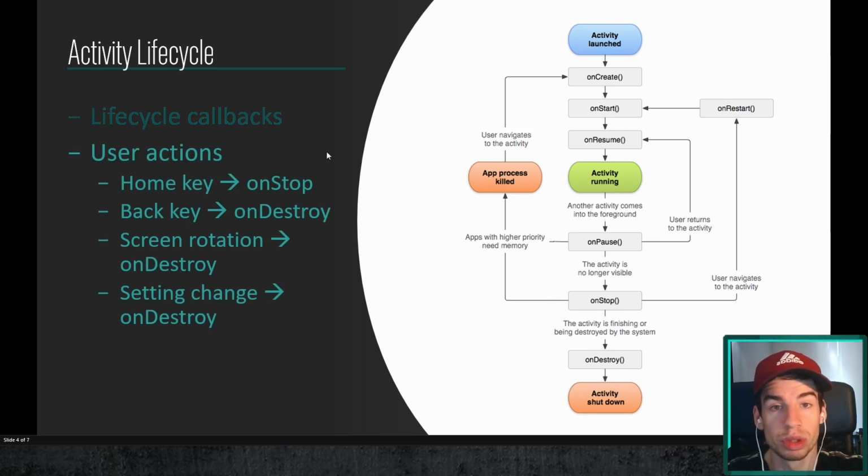There are also some user actions that directly trigger some of these lifecycle callbacks. So I listed some on the left here. The home key always directly goes into onStop. And the back key always goes directly into onDestroy, just as a screen rotation and a settings change.